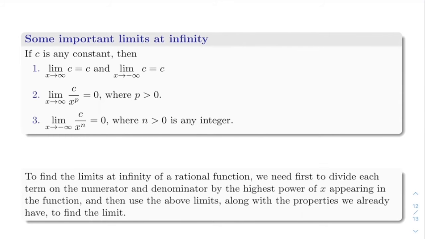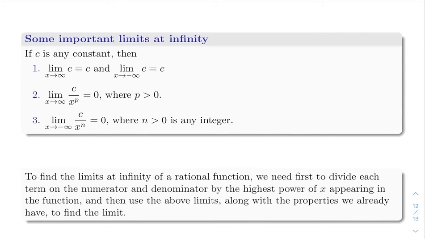So to compute limits at infinity, we will need some basic examples that will allow us to compute more complicated limits. So the first one is that both the limit when x goes to infinity and when x goes to negative infinity of a constant is the constant itself.